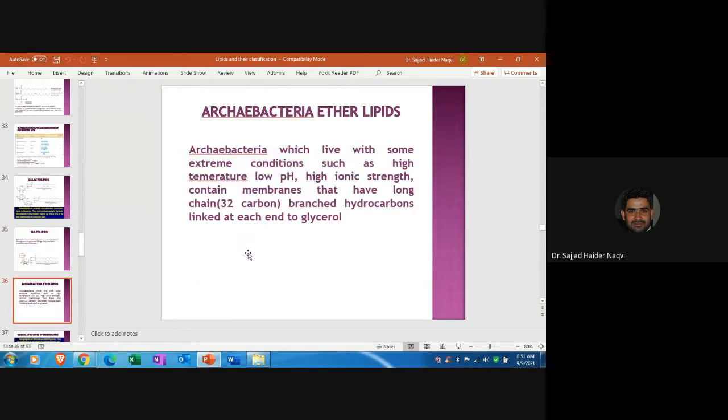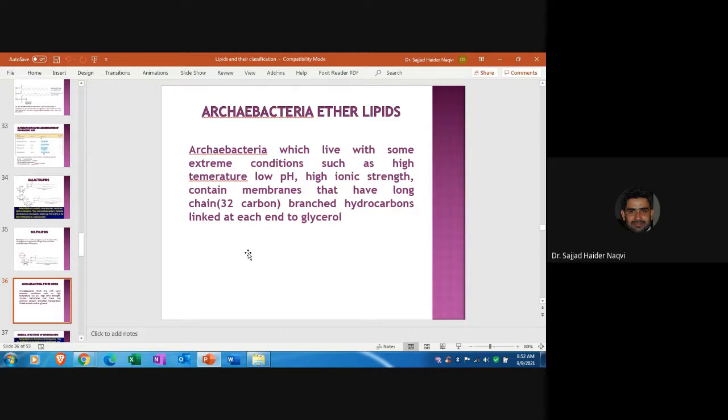Then we have certain archaeobacterial lipids, which I mentioned earlier on. These archaeobacteria live in some very extreme environmental conditions, like very high temperature or very low pH, high ionic strength, like the difference of ionic balance on either side.